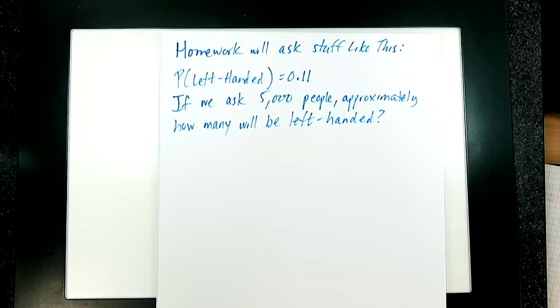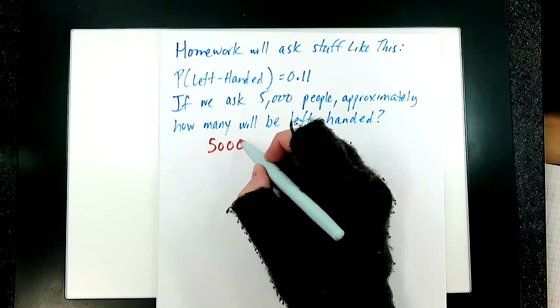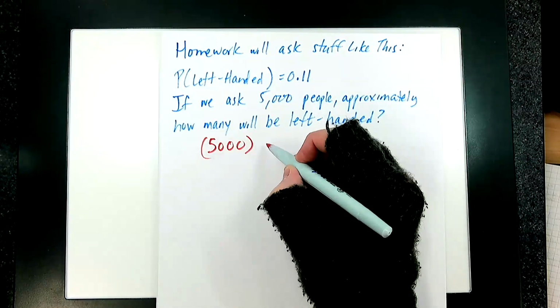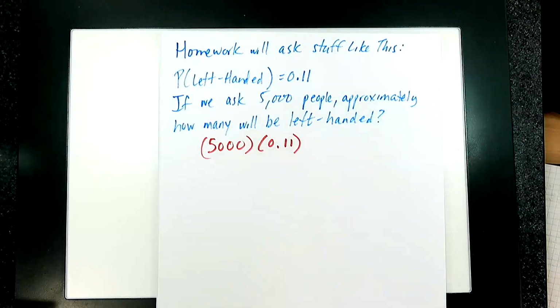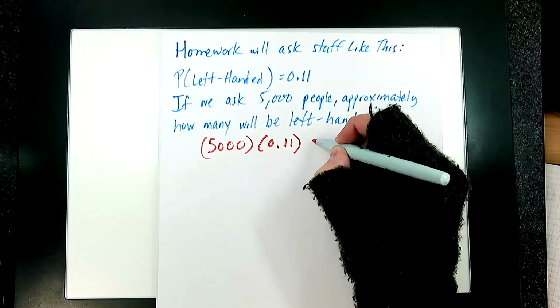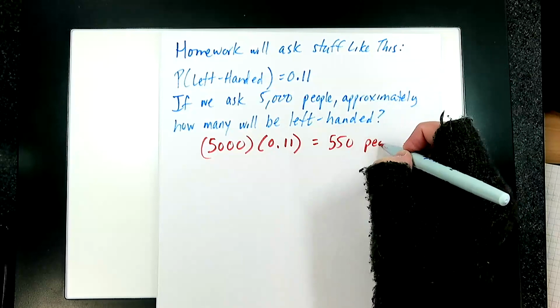The way you find this is you're going to take the 5,000 and multiply it by the probability. 550 people.